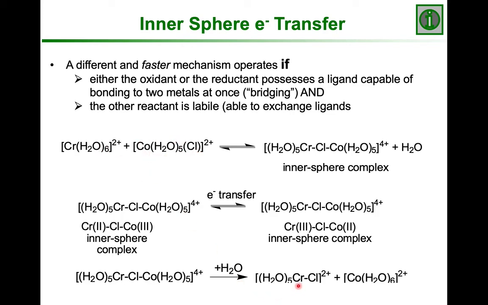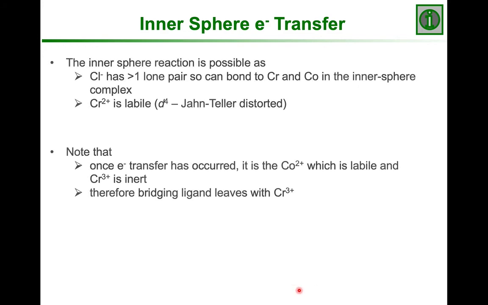At the end of the reaction, the chloride is attached to the chromium center. This so-called inner sphere reaction is possible because chloride has more than 1 lone pair, so it can use its lone pairs to bind simultaneously to chromium and cobalt to form an inner sphere complex.